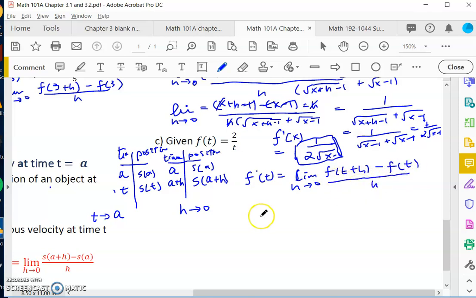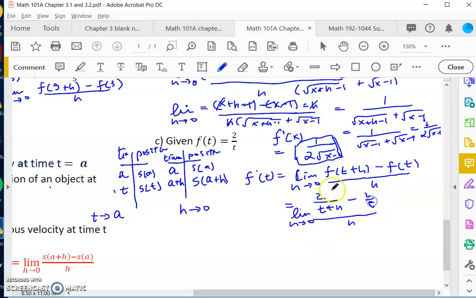My function is 2 over t, so we'll have 2 over t plus h, minus 2 over t, over h. There are two variables, t and h, but we have to do the limit as h approaches 0.